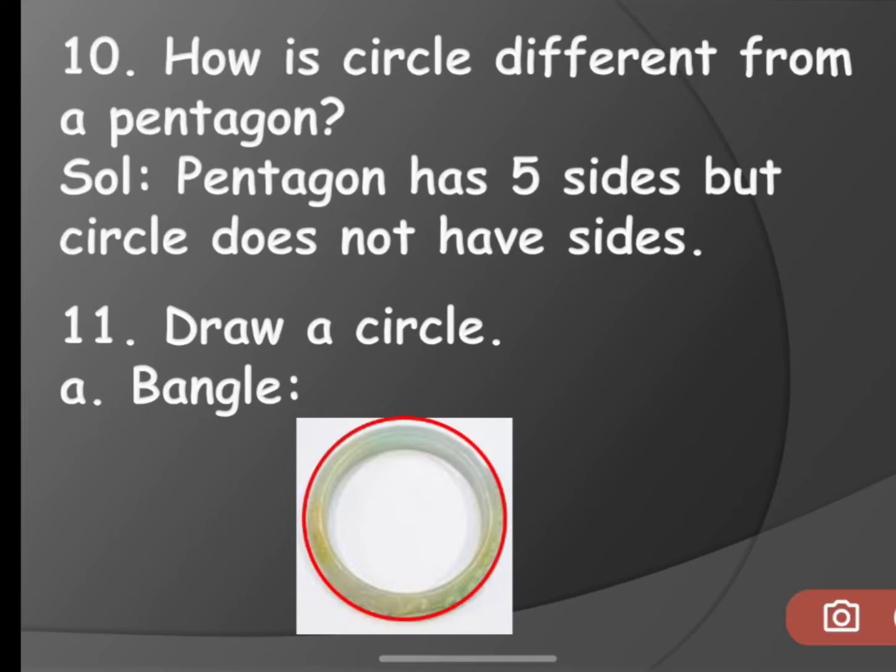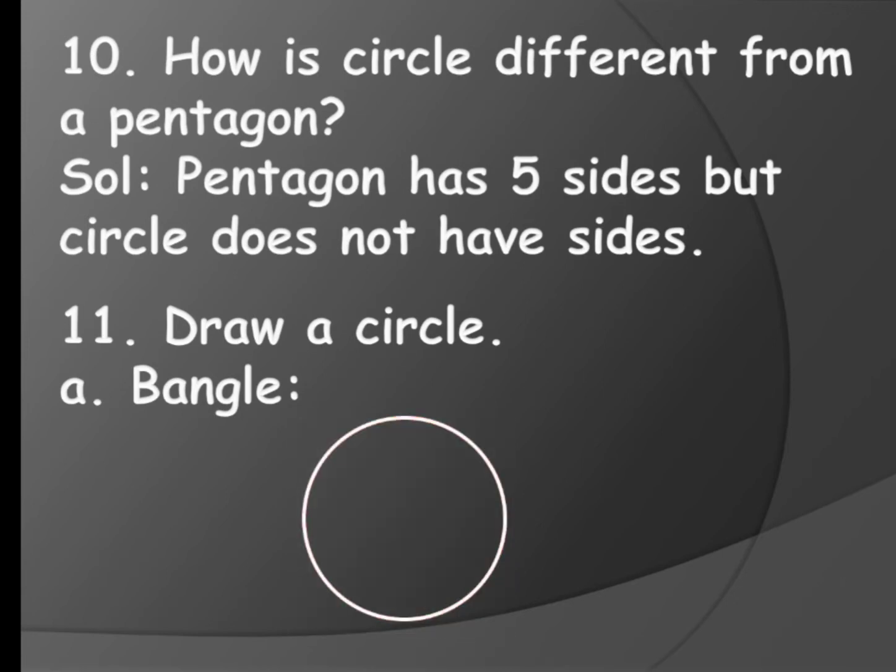You can also draw the inside circle, children. Inside also you can draw, your wish. You can go with outside or inside like this. Then you can remove your bangle. This way you can draw the circle with the help of a bangle.